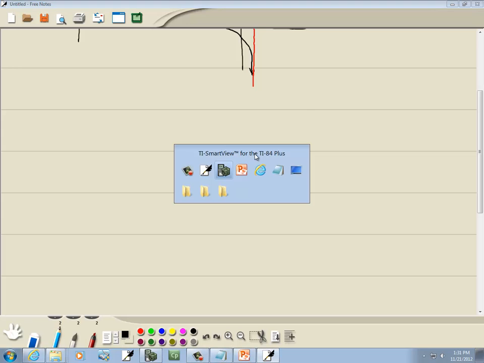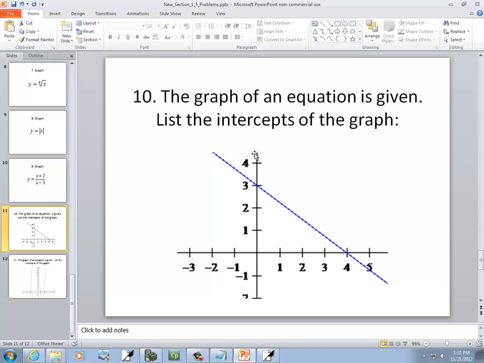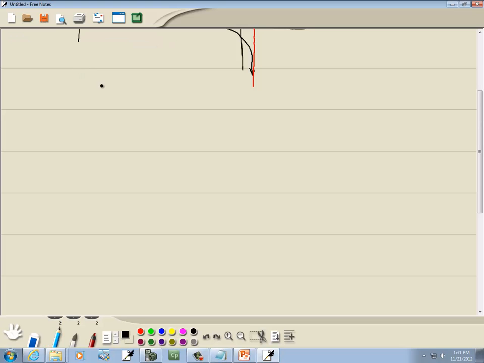Now the next thing talks about intercepts. Let's talk about intercepts. An x-intercept is where it touches or crosses the x-axis.